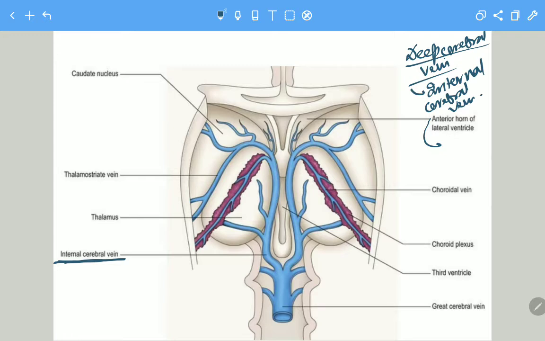One is the choroidal vein, which drains the choroid plexus, and another is the thalamostriate vein.